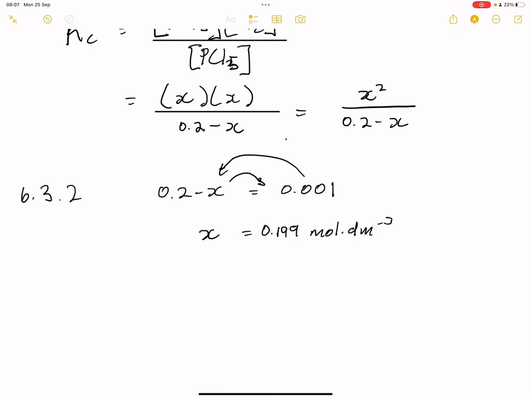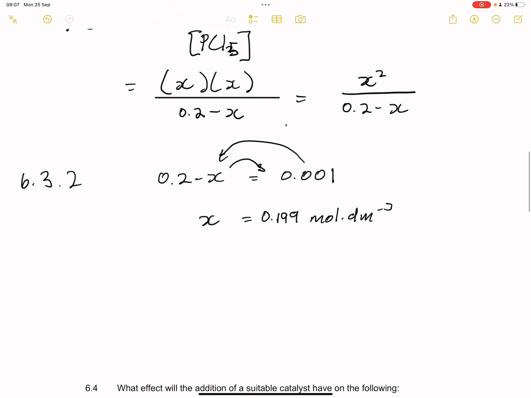But remember, what are we looking for? We're looking for the value of Kc. We already have an expression, which is x squared over 0.2 minus x, and we've actually found even this value here.